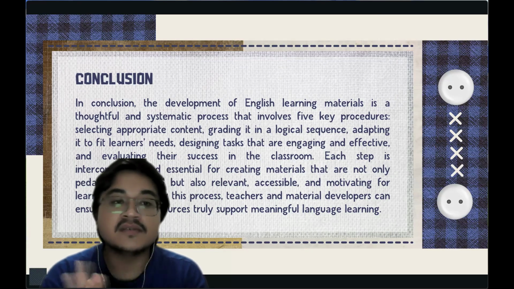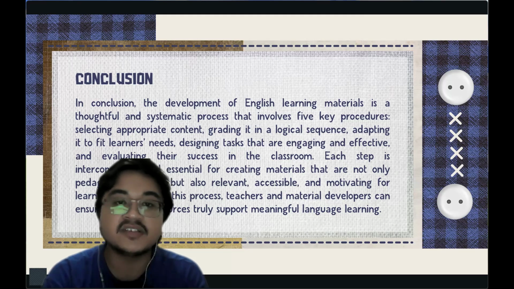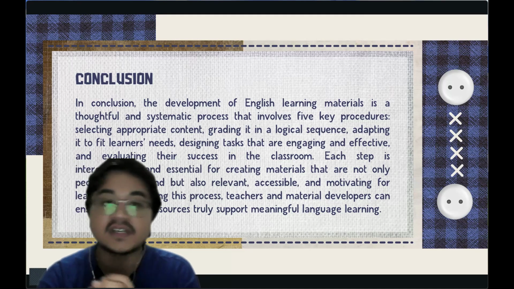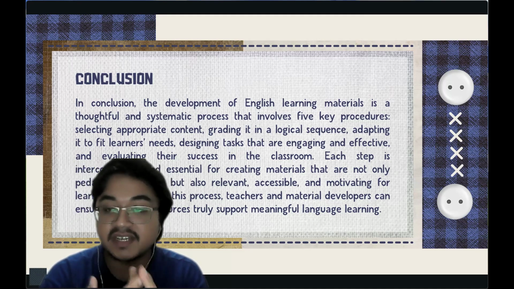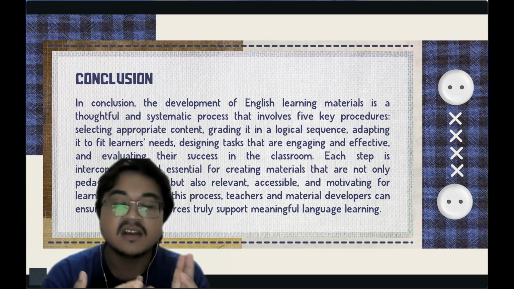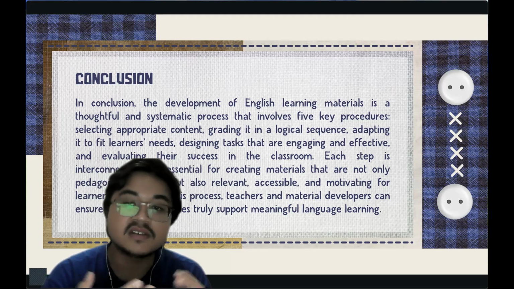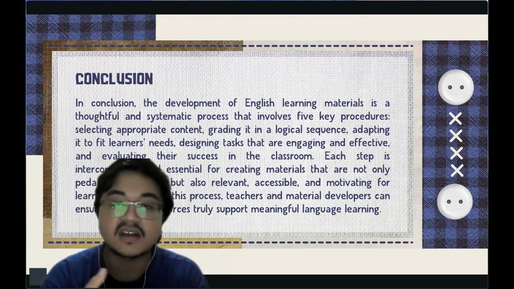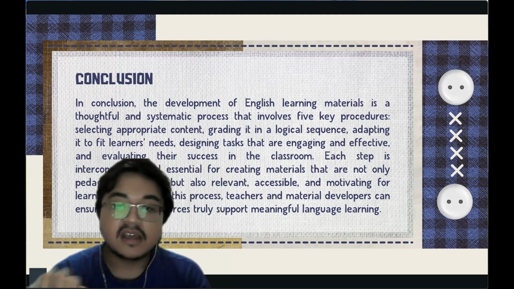So, we can conclude that the development of English learning materials is a thoughtful and systematic process that involves five key procedures, just like I said. First is selecting appropriate content, second is creating a logical sequence, third is adapting it to fit the learners' needs, fourth is designing tasks that are engaging and effective, and fifth is evaluating their success in the classroom.